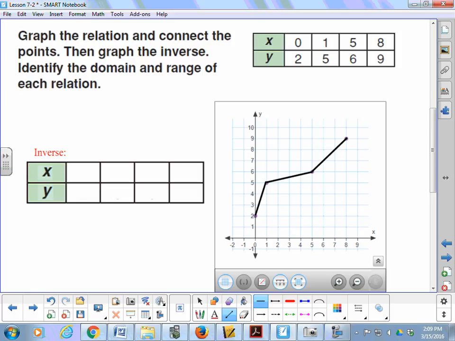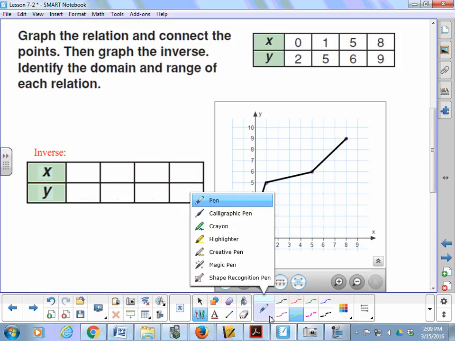Right, so once you've got them graphed and connected, we're going to find the domain and the range.